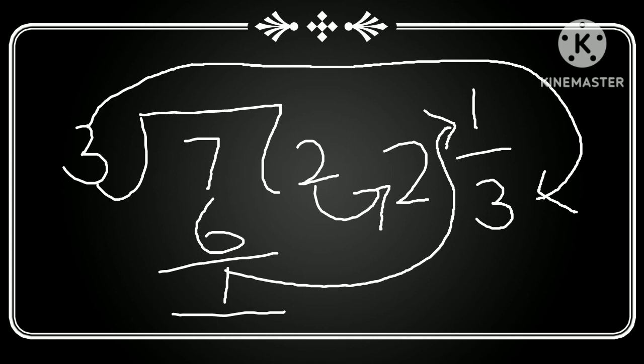As shown in the above example, we divided 7 by 3 and we got 2 as a quotient, 1 as a remainder. 2 has been written inside, 1 will be written as numerator and 3 as denominator.